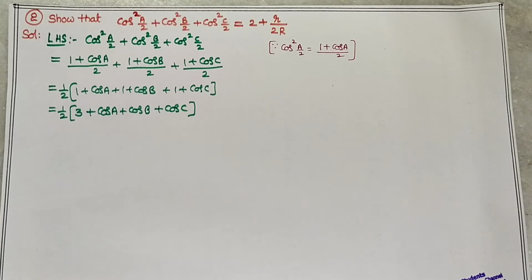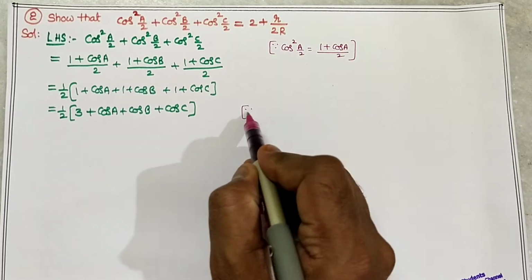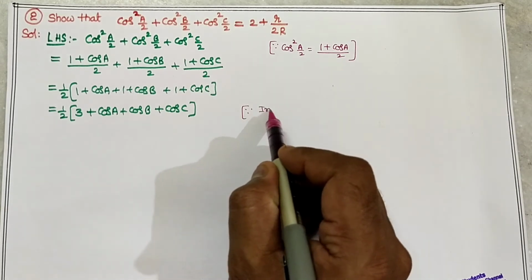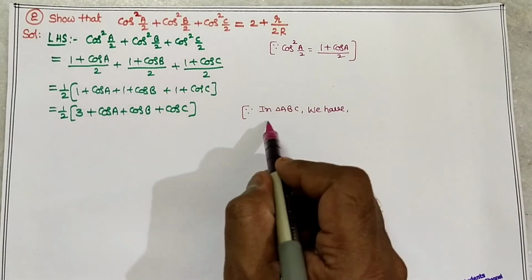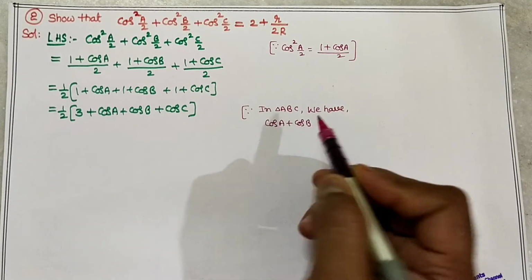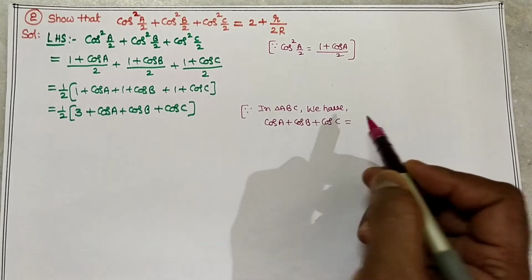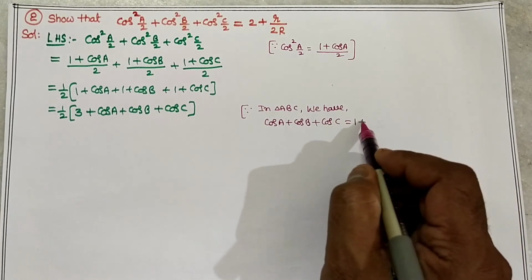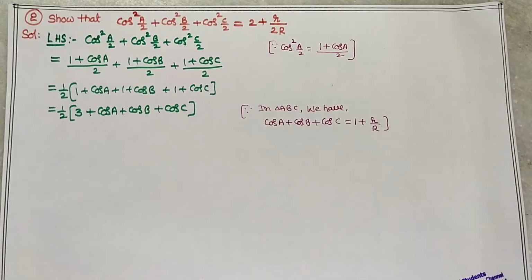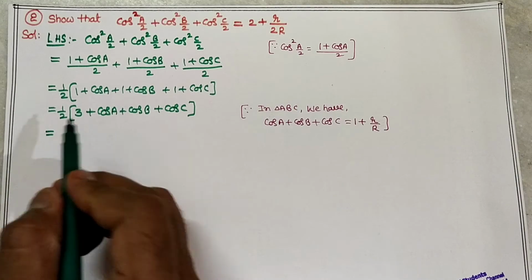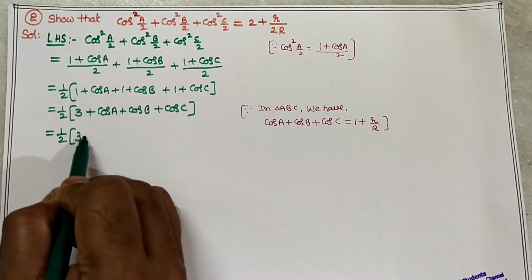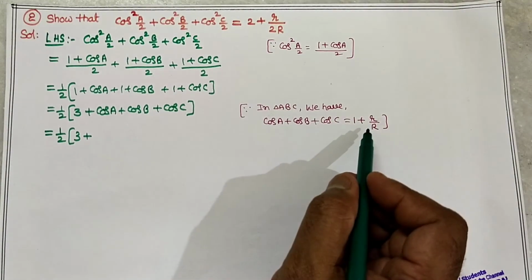Here I am giving that in triangle ABC, we have the result cos A plus cos B plus cos C is equal to 1 plus small r divided by capital R. So wherever cos A plus cos B plus cos C is there, you have to replace it with this result.